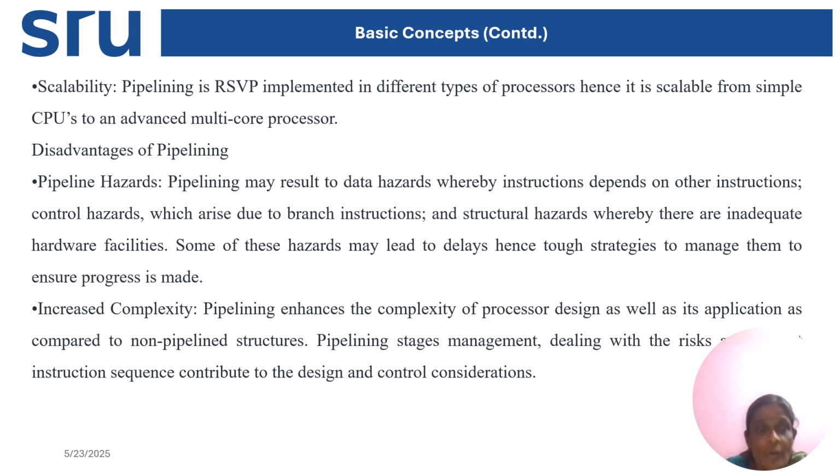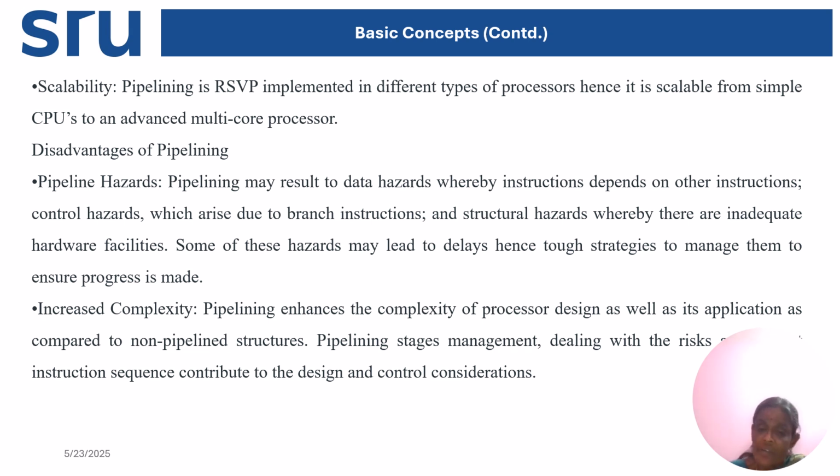Control hazards, which arise due to branch instructions. So if there is a jump instruction or an if-else condition, if the condition is not satisfied, it will branch to another location. If the condition is satisfied, then it will continue the sequence of steps. Next, structural hazards, whereby there are inadequate hardware facilities.